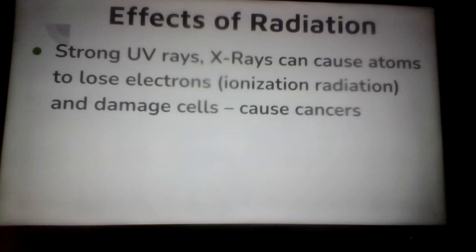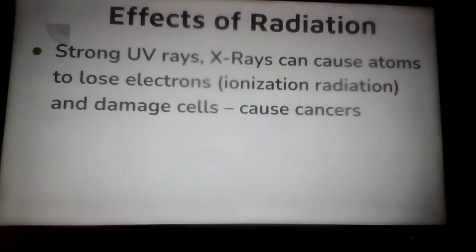And that's because strong ultraviolet rays and X-rays can cause atoms to lose electrons. That's a process called ionizing radiation. And those electrons can damage the cells because electrons carry a lot of energy. And those can cause certain kinds of cancers because damaged cells become rebellious to the body, and when they reproduce, that's what turns into tumors.